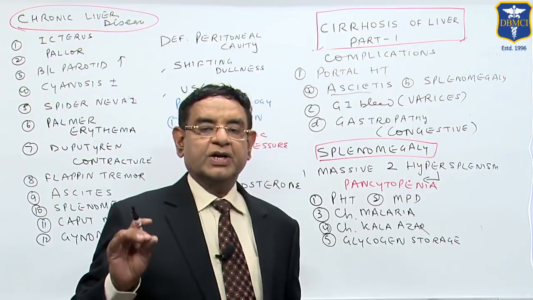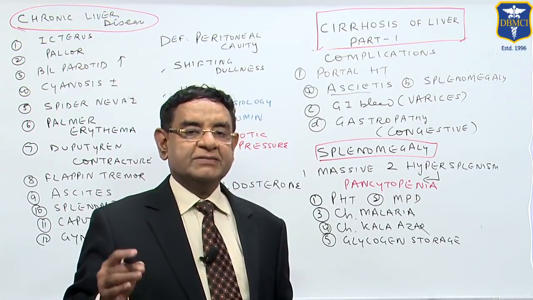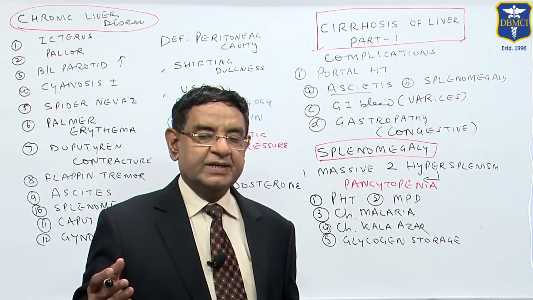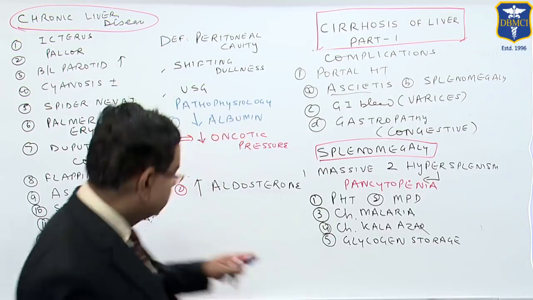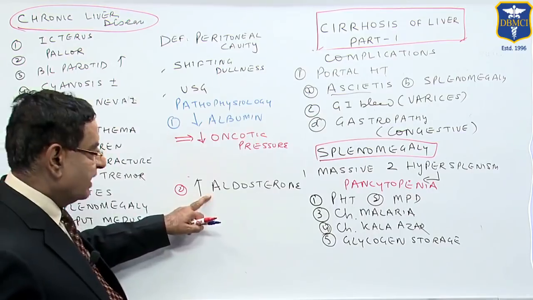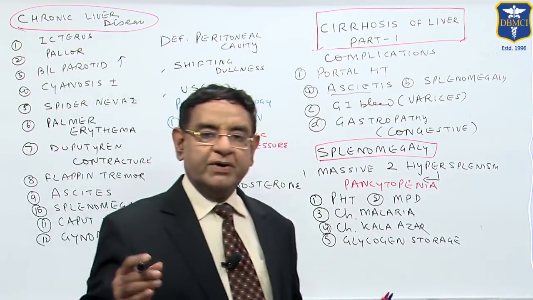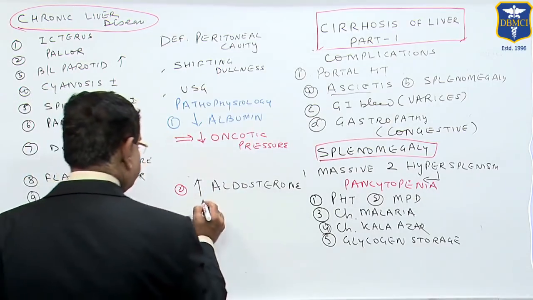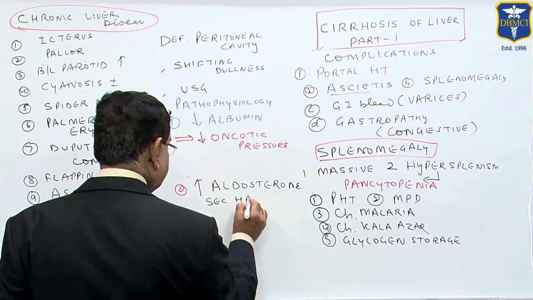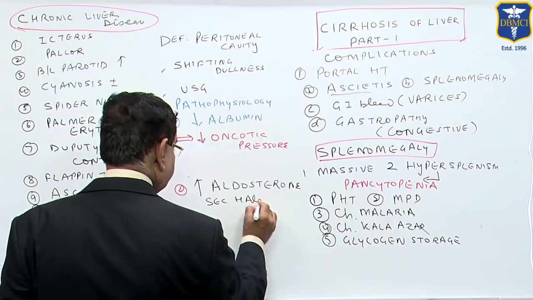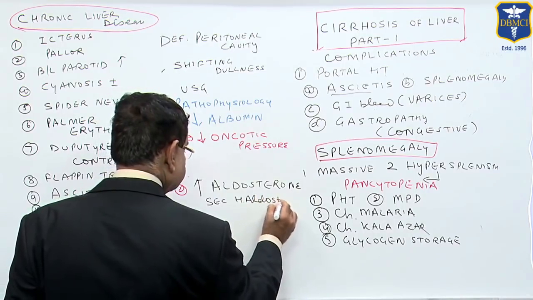First of all, normally aldosterone is metabolized in the liver. As the liver is not functioning properly, the aldosterone level remains high. That leads to a type of secondary hyperaldosteronism.